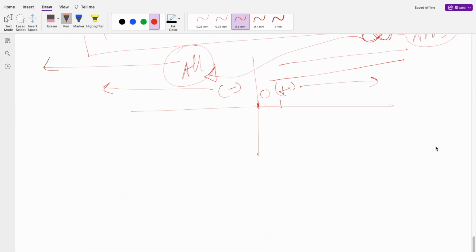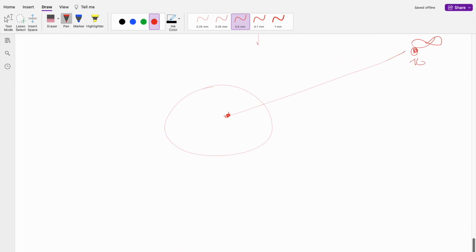So when I say that a point charge is brought from infinity to the field, there's work done. V equals W by q, right? From infinity.